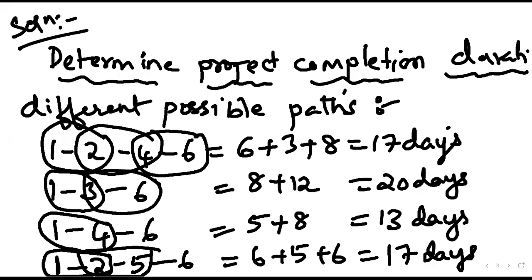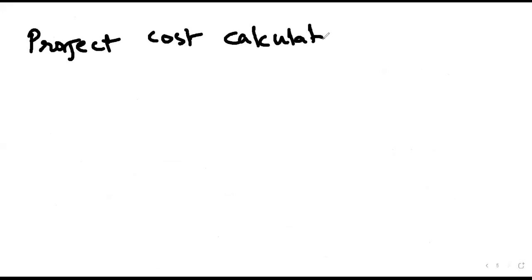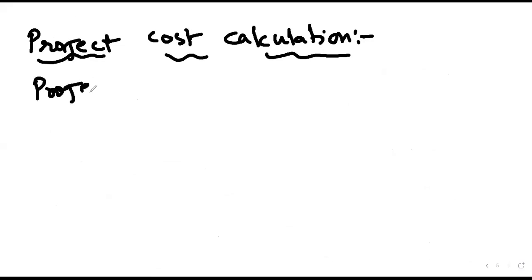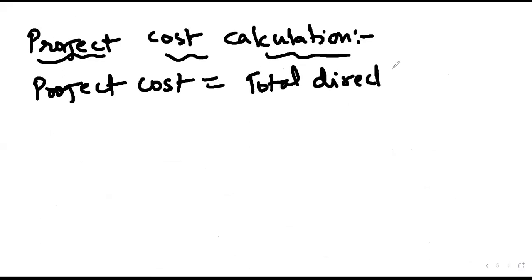So I assume that everyone has made note of this, correct? Next is determination of project cost. Project cost calculation. Project cost is equal to total direct cost plus what would be the next component?